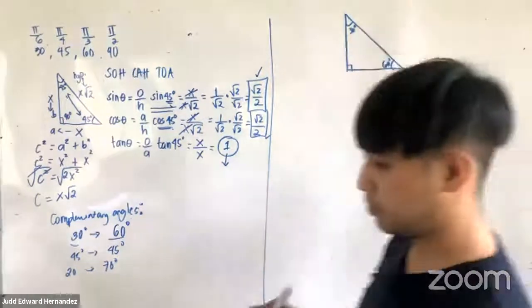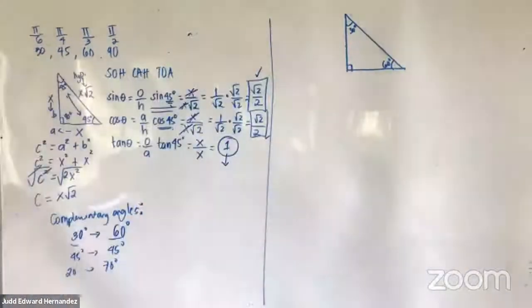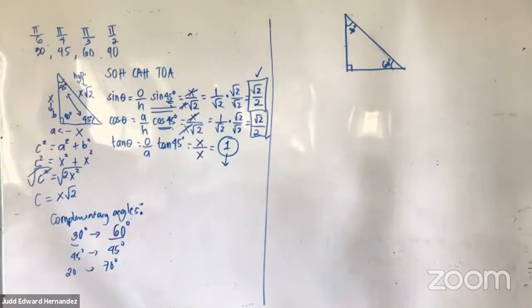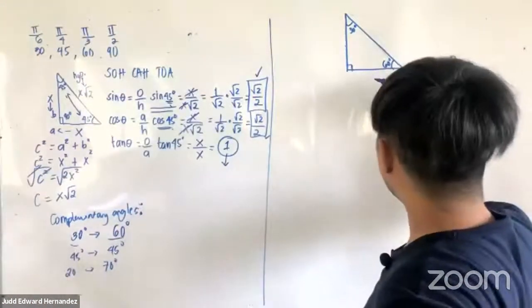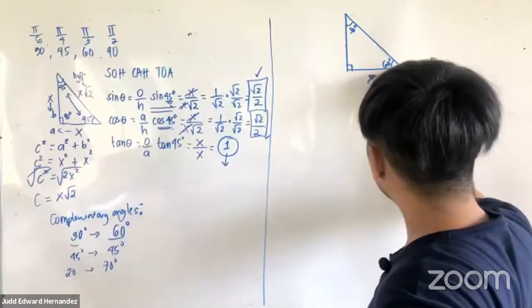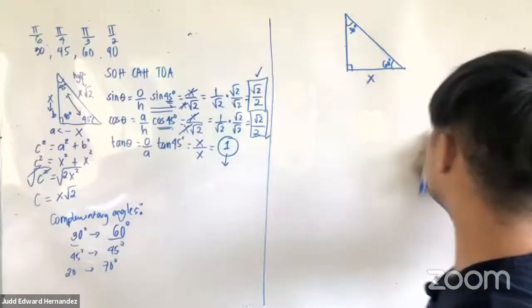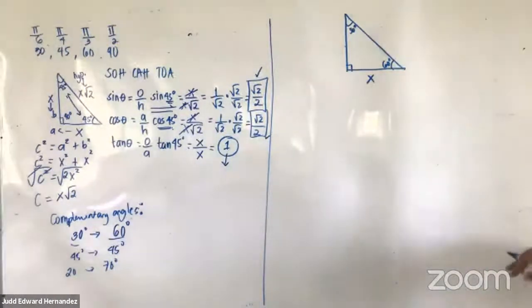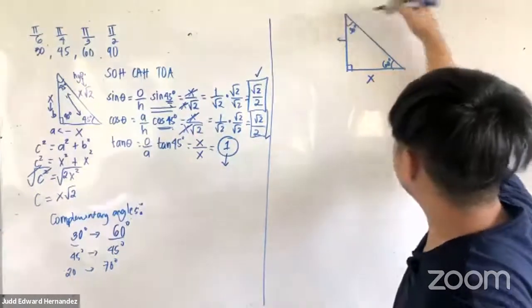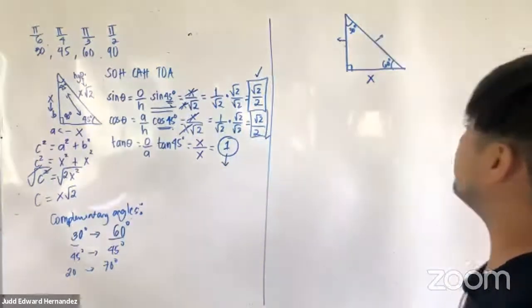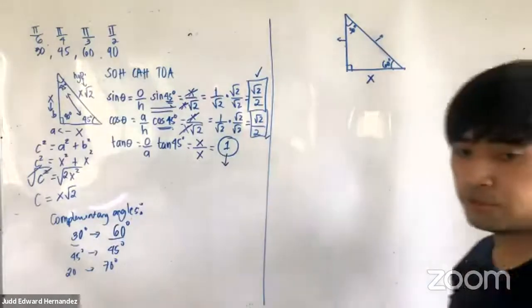So, we are now given the special triangle 30, 60, 90. So, in this case, what if I assign here x? What are the lengths of this side and the length of the hypotenuse? Okay?